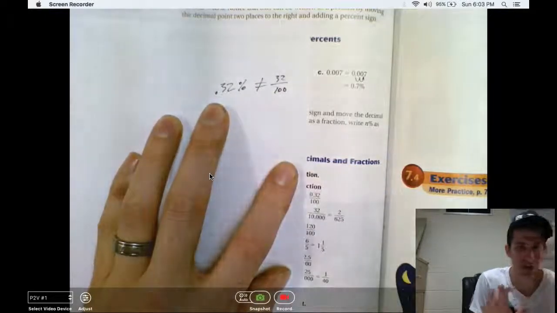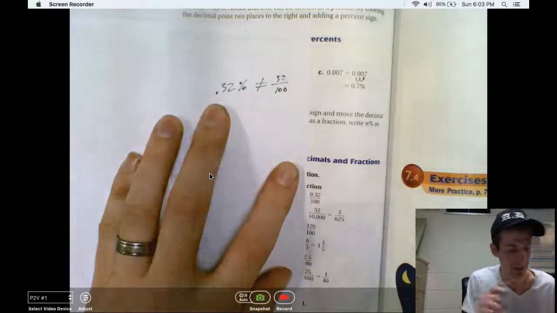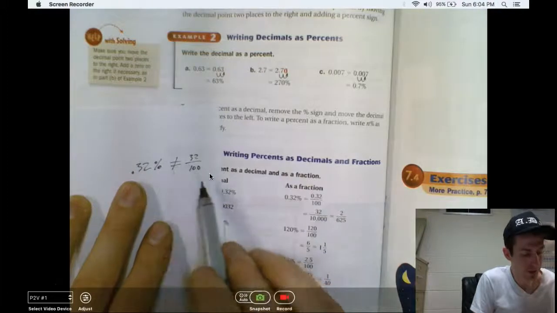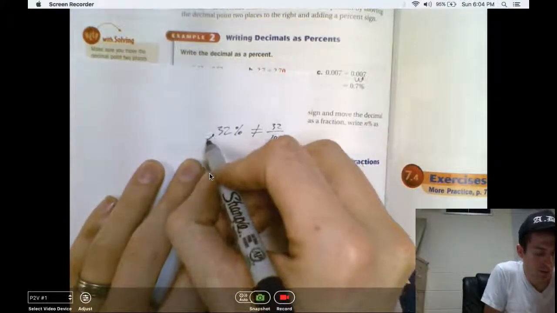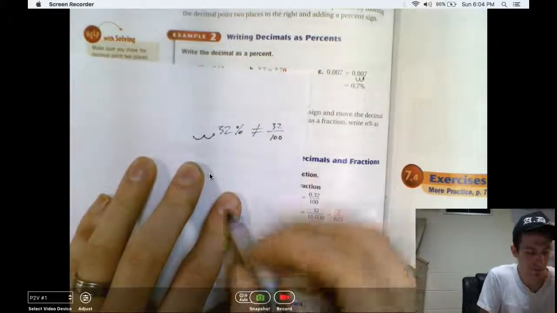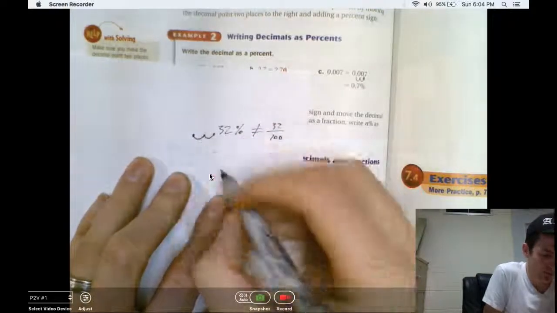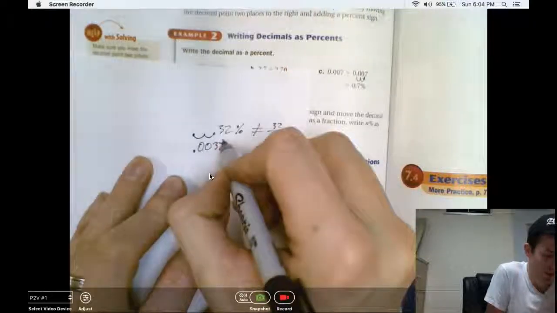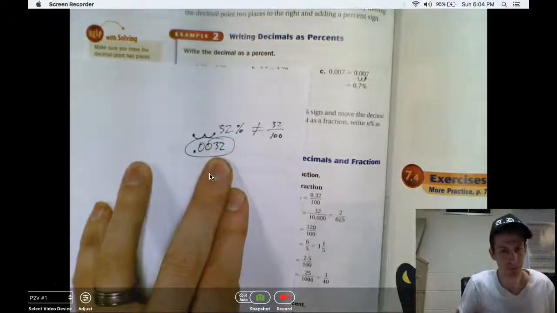So how can you do this and not get messed up? Well, if we're going from percent to decimal, let's go 2 places back to the left. So move the decimal point, and this is going to be 0.0032. That's what it is as a decimal.